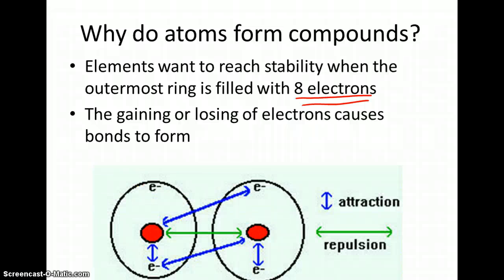So just to show you what it looks like when a bond is created, the electrons from one atom are attracted to the positive protons in the middle of the nucleus of the other atom. The electrons of the atom itself are attracted to those positive protons, and so on and so forth.